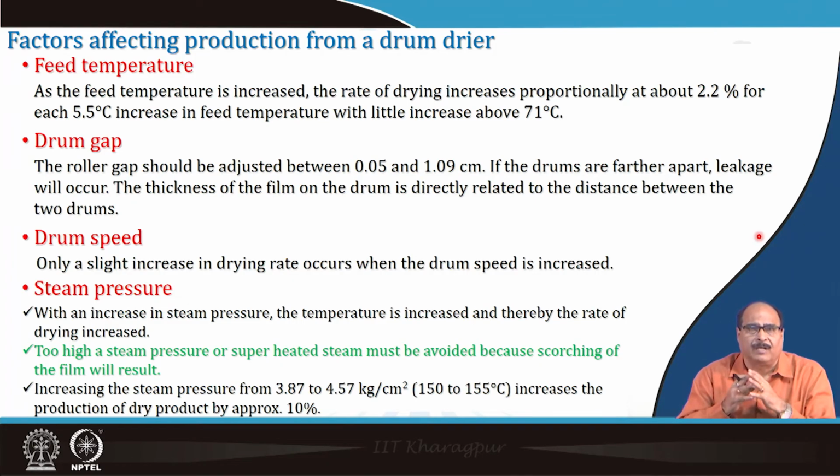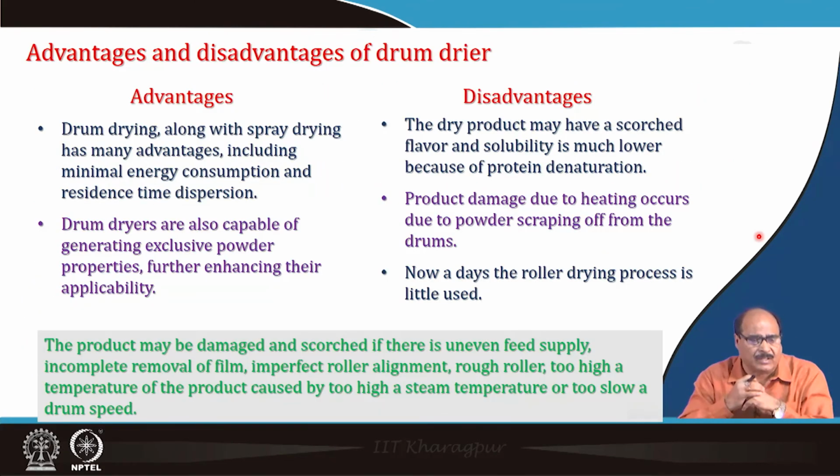So that's why we are discussing vacuum drum drying, so that the temperature does not increase very high. The rate of drying increases proportionally at about 2.2% for each 5.5 degrees Celsius increase in the feed temperature. Okay. Similarly, the clearance between the gap, speed at which the drum rotates, and steam pressure all influence.